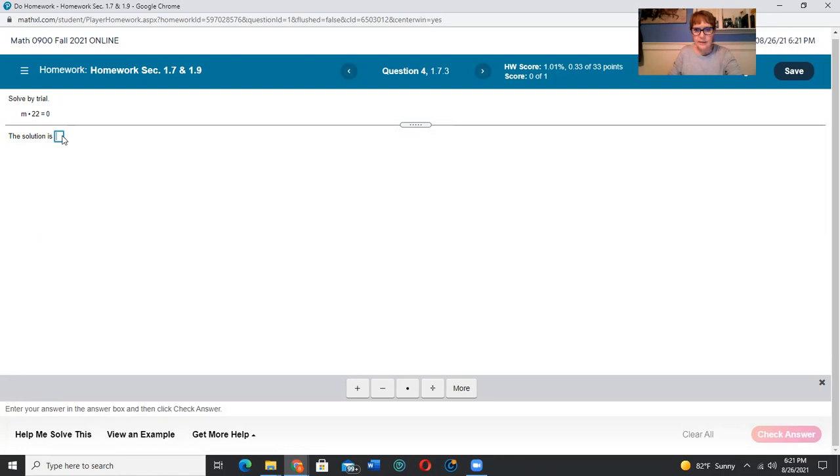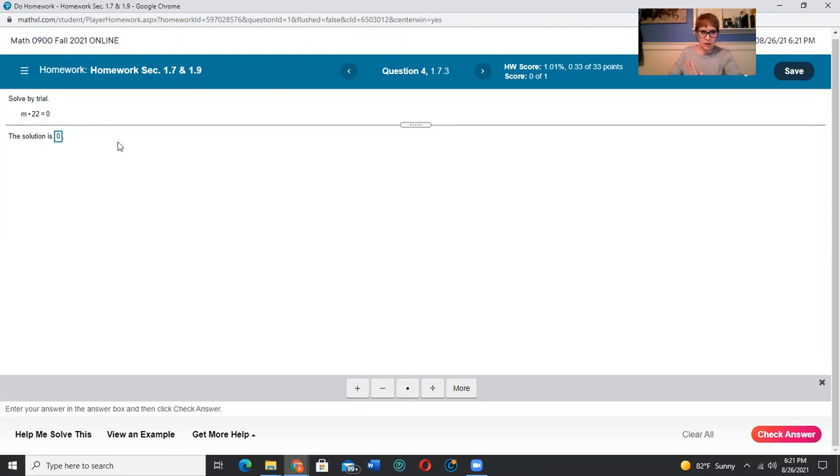Now notice that when I click this, these icons showed up at the bottom, and sometimes you'll need them and sometimes you won't. And there's some other ones that I want to show you. So the solution is, well, what times 22 gives you 0? Well, it's 0.